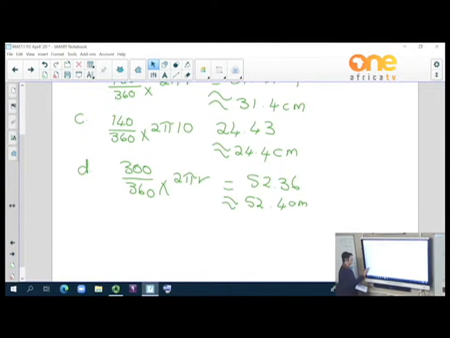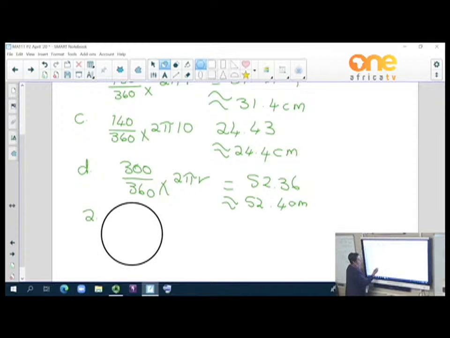Right, let's look at number 2. It's a little bit different that they ask it. The minute hand of a clock is 10 centimeters long, so we still have a circle. And then they say the minute hand moves 5, so it's 10 centimeters, but it moves in 5 minutes. So how far does it move in 5 minutes?